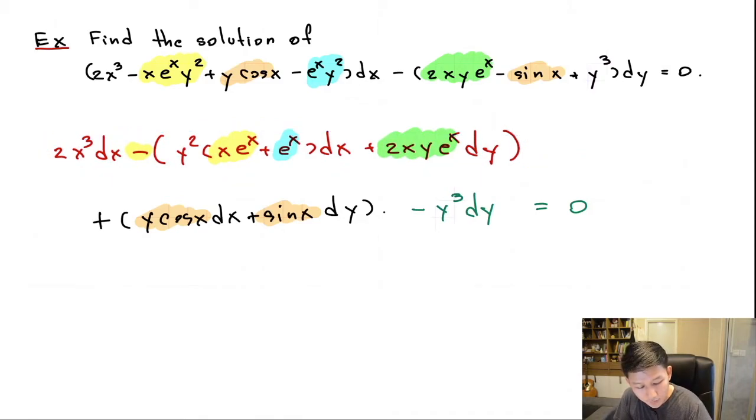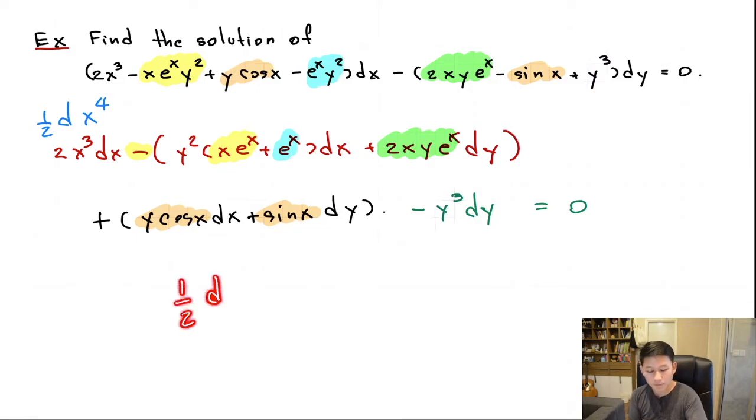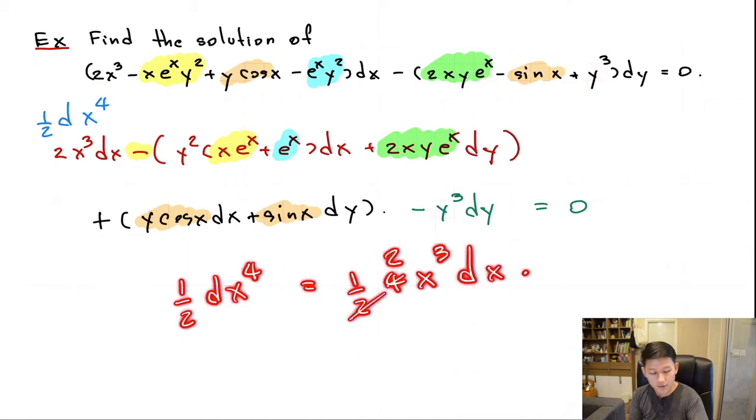So you know that this guy is actually x to the power of 4, and half of the x to the power of 4. Make sense? Because half of the x to the power of 4 is half of 4x to the power of 3, and that is 2x cubed dx. Make sense?